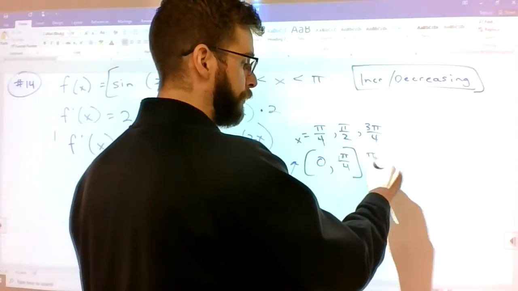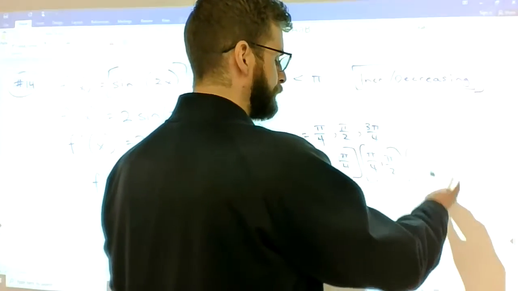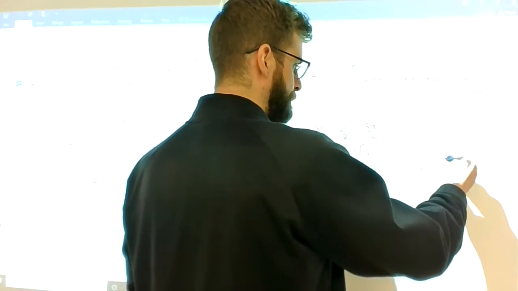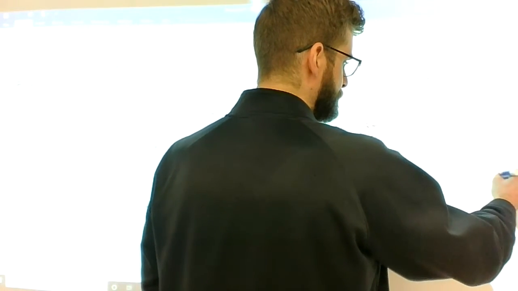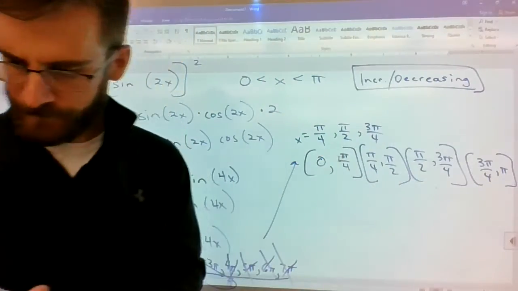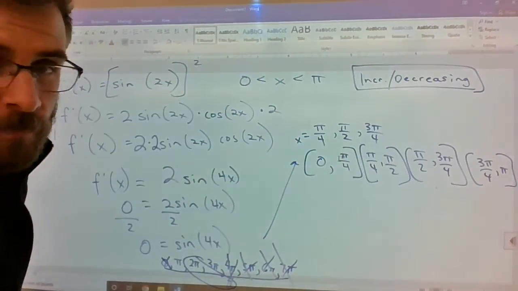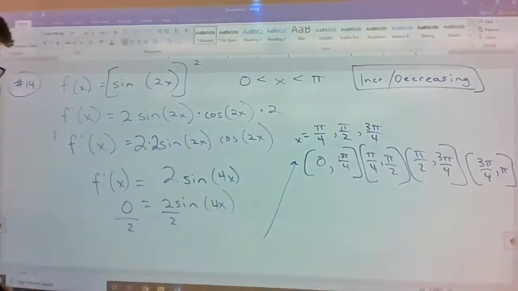Then you go from pi over 4 to pi over 2. Then you go from pi over 2 to 3 pi over 4. And then you go 3 pi over 4 to pi. I know, this one's just a pain to have to work through. Okay, so we've got that.